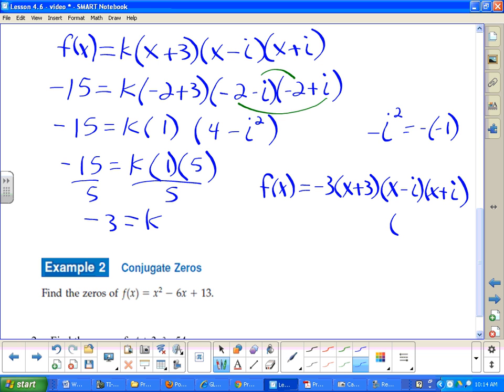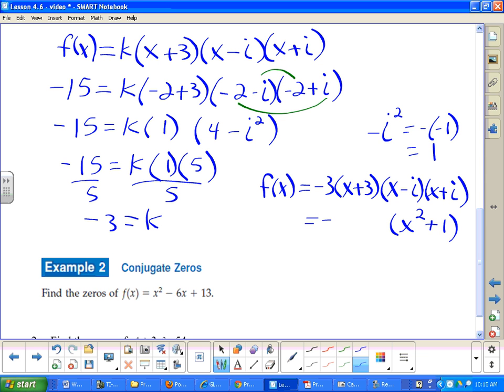So this part is just going to be x squared plus 1, for the same reason we had up here. You have x squared when I multiply x times x. The middle term is going to cancel because it's a difference of two squares. And then i times i is i squared, so we have negative i squared, which once again is equal to positive 1. So this would be x squared plus 1.